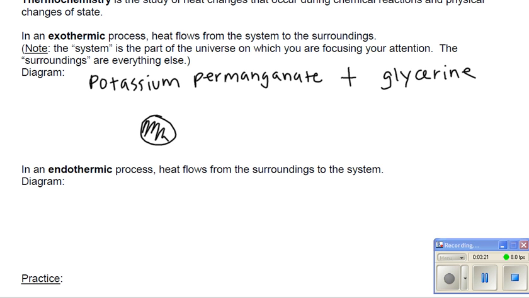Once you add the drop of glycerin to the potassium permanganate, it begins to react. And in this reaction, heat flows from the reaction to the surroundings.